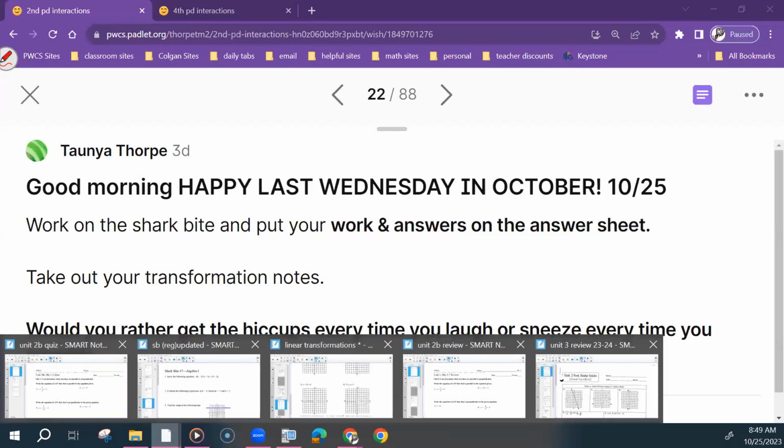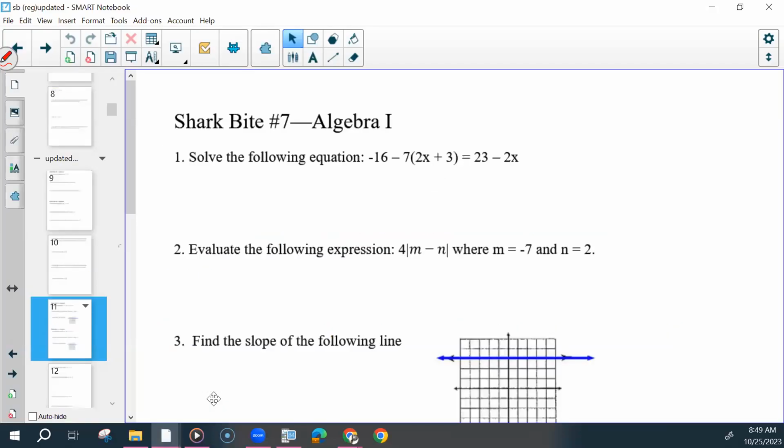The shark bite, which number do you want to see, go over, or have questions about? Show me on your hand. Okay, if you were a 5, raise your hand.